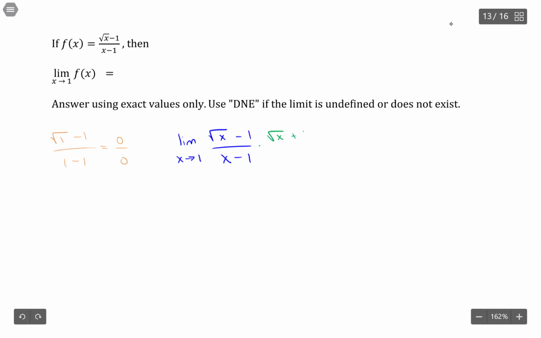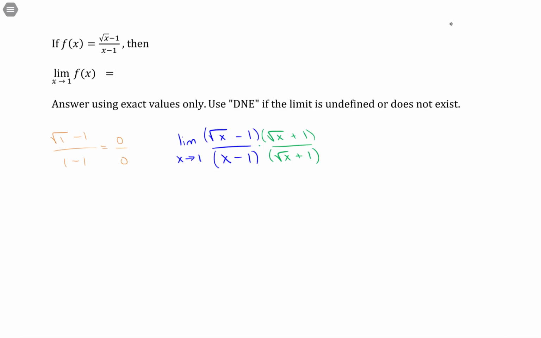And the conjugate of a binomial is when you take that binomial and you change the sign between it. When you multiply by a conjugate pair, you have the difference of squares. The difference of squares is really important, and I'll walk through the steps so you see exactly what happens here.